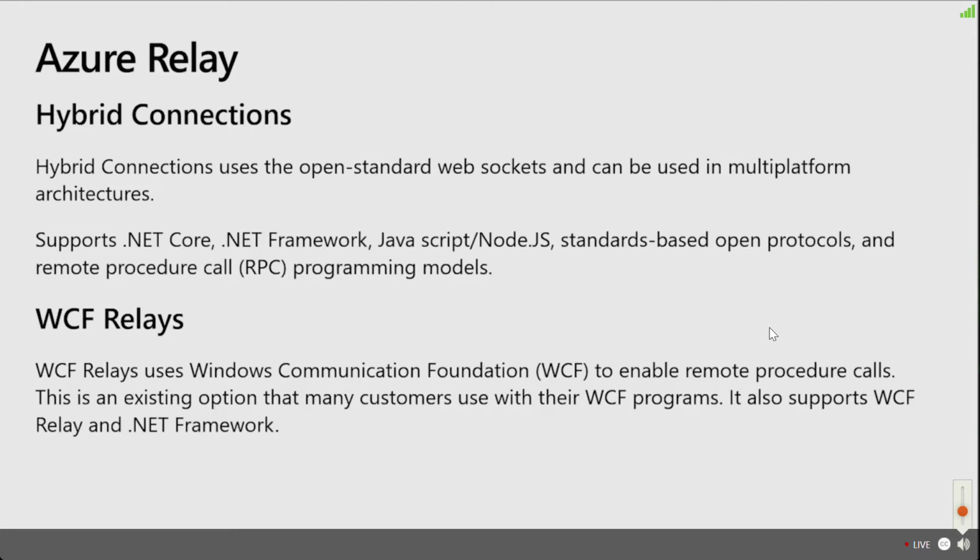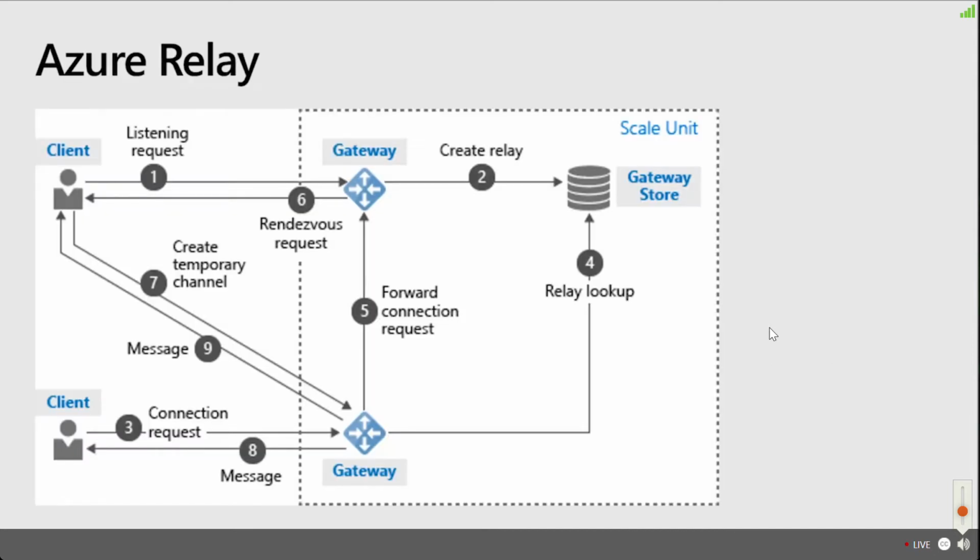Now, let me talk you through the process that is illustrated in this diagram. Step one is that the listening client sends a listening request to the Azure Relay service. An Azure load balancer will route that request to one of the gateway nodes. In step two, the Azure Relay service will create a relay in the gateway store.